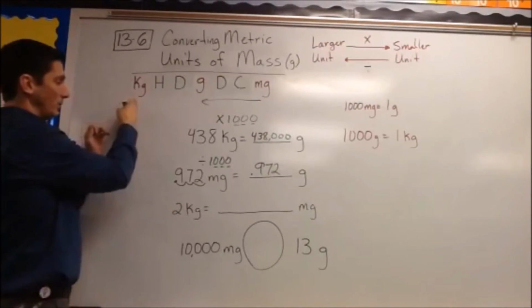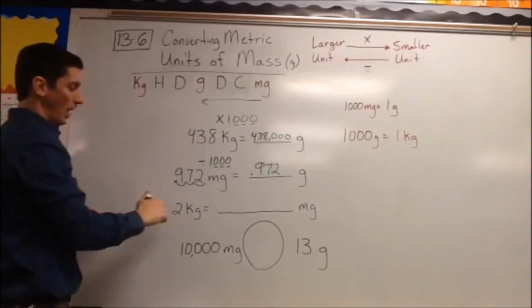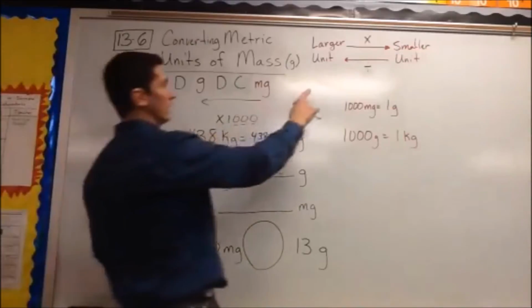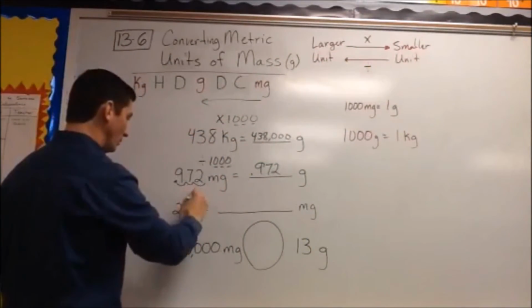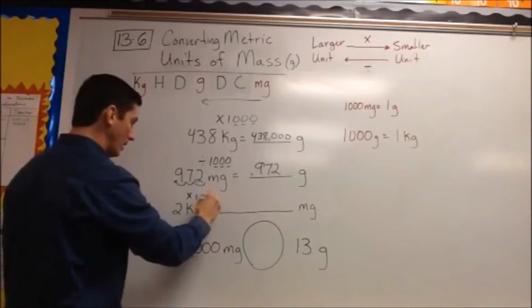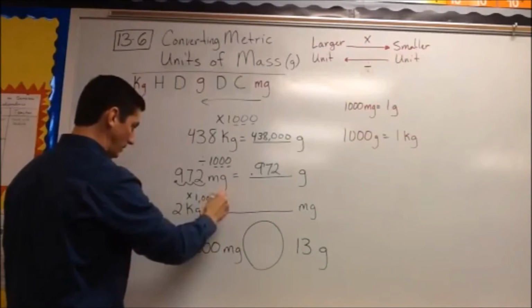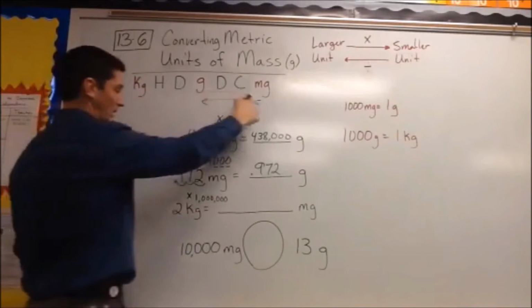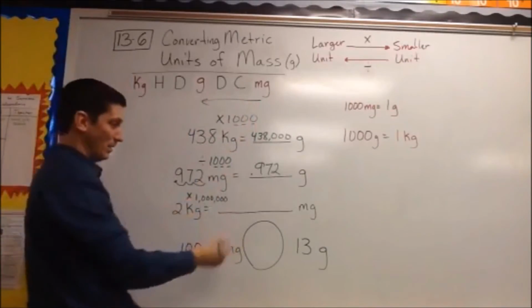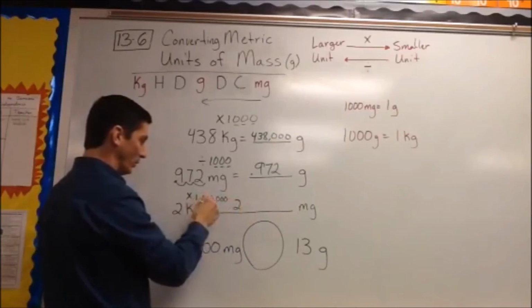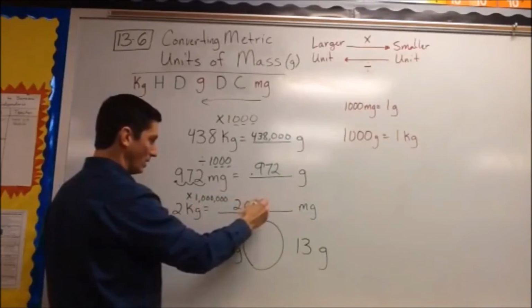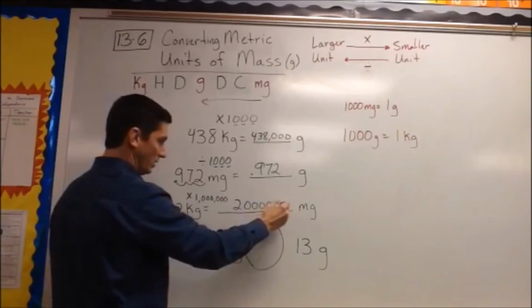And you never count the one you start with. Going from larger to smaller, I'm going to multiply by 1 million. Now it's easy. I just write down 2, and then I move my decimal place over 6 places, or I can just include 6 zeros.